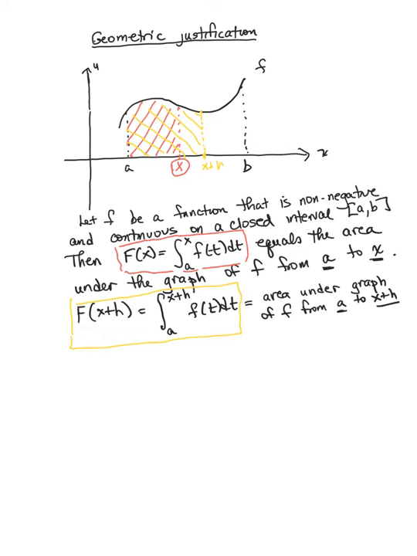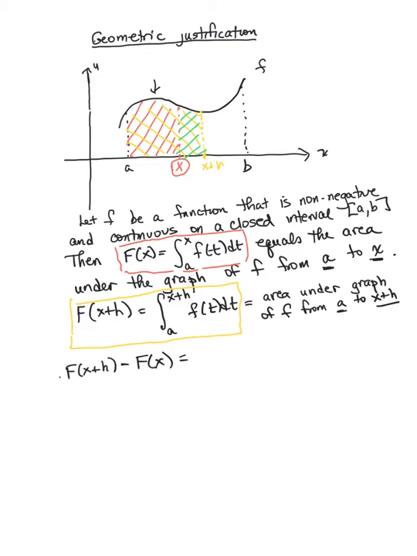When we subtract these two, capital F of x plus h minus capital F of x, that would represent the area under the graph of f from x to x plus h. We're subtracting this overlap over here, so that would give us this green region.